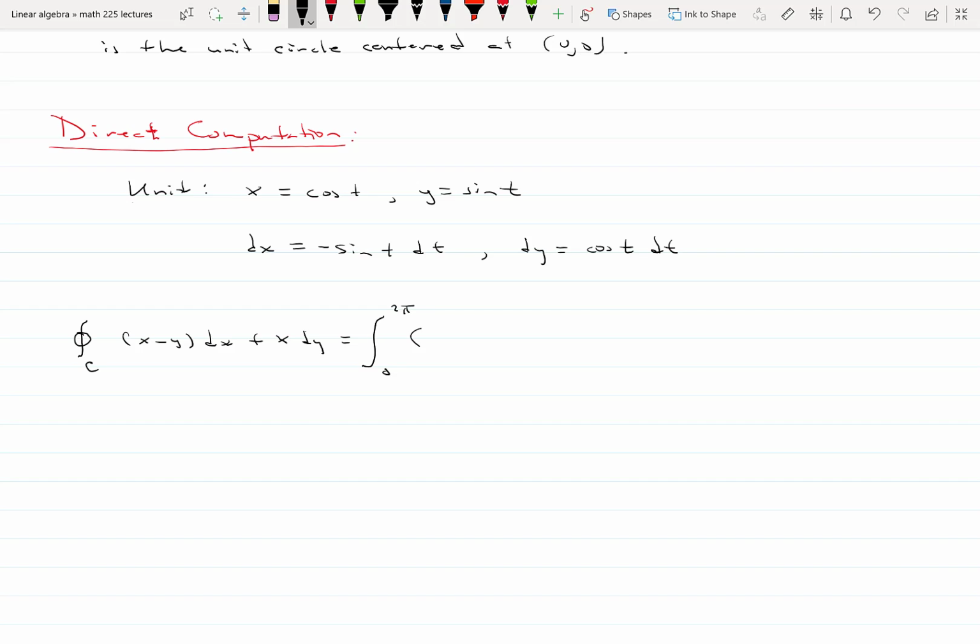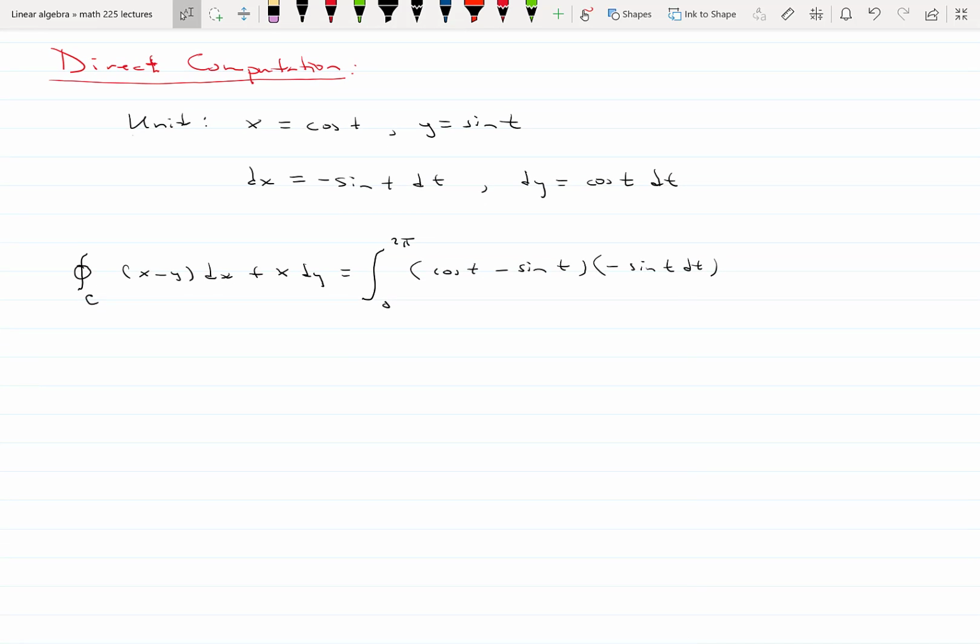And it's x minus y, so x is cosine t, y is sine t, there's x minus y. dx is negative sine of t dt. There's the first part of the integral. Plus, we're still under the integral sign, plus x dy. So x is cosine of t, dy is cosine of t dt.